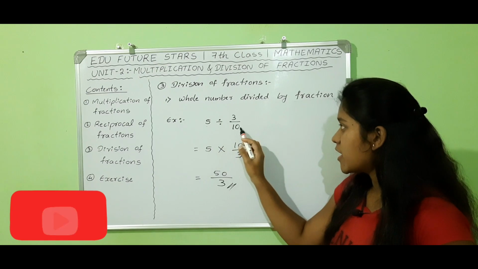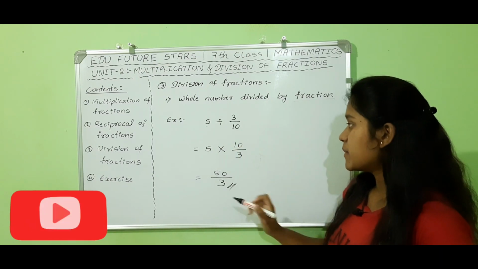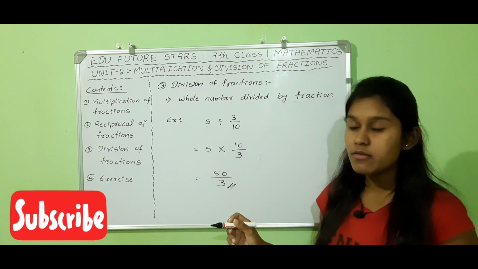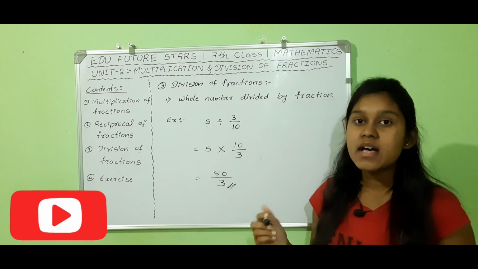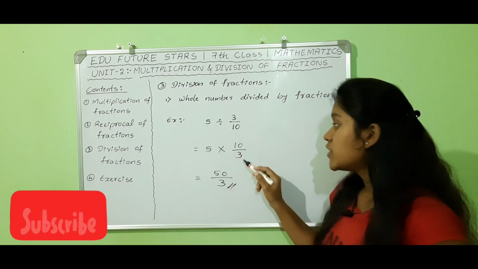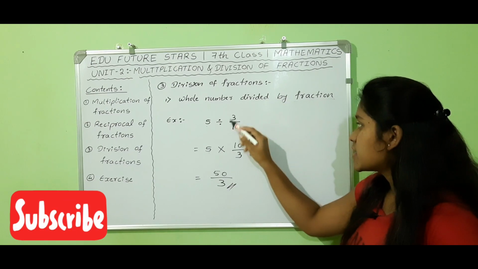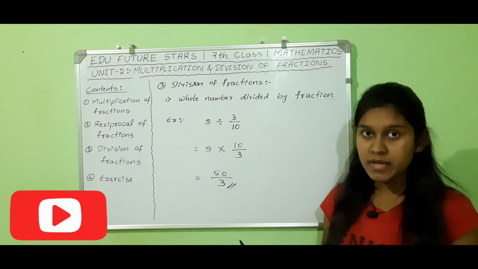So 5 is divided by 3 by 10. How can we divide this number? It is very simple. We have to take 5, and for this 3 by 10, what is the inverse, or how can we write this one? Into 10 by 3. So this is just a reciprocal and here we have to keep a multiplication symbol. This is the simplest form.